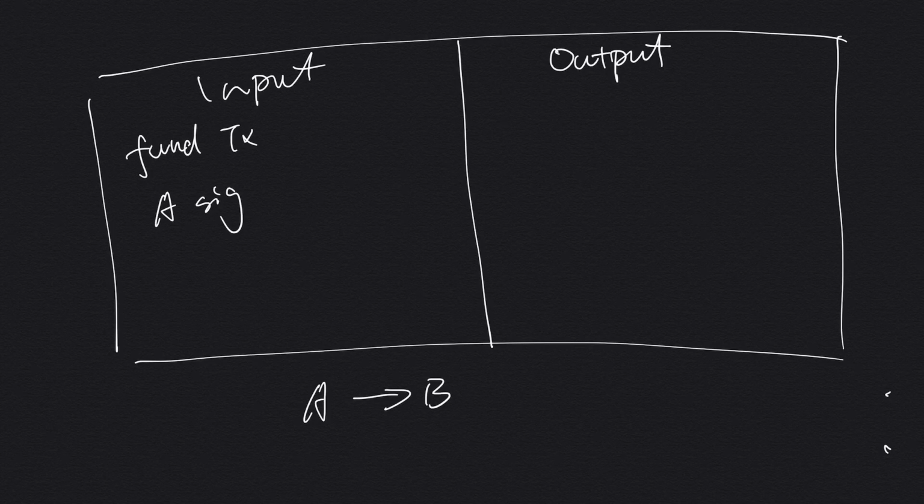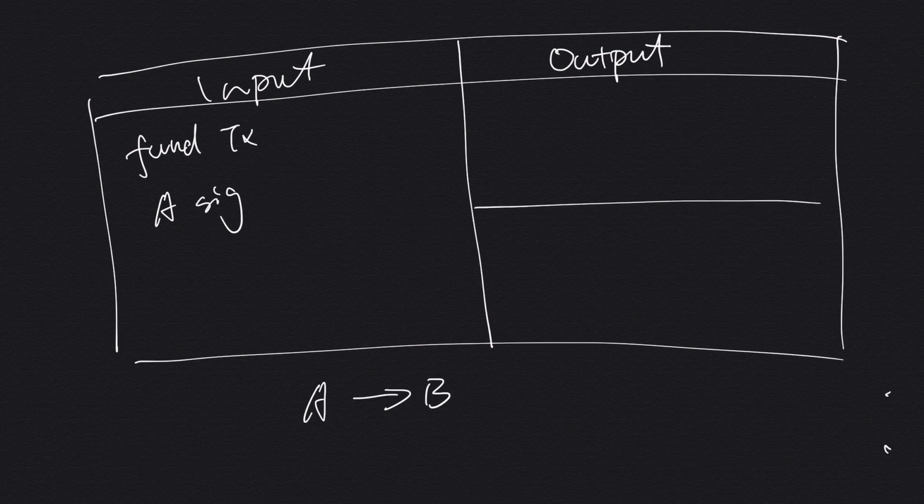The output will have two parts. The regular part is Alice's address, which is a regular pay to public key hash, paid to Alice's public key. For example, the input has 10 Bitcoin and Alice wants to pay herself 8 Bitcoin.